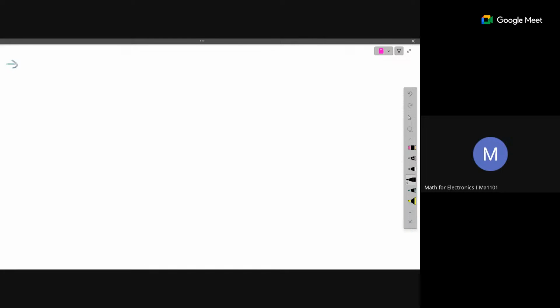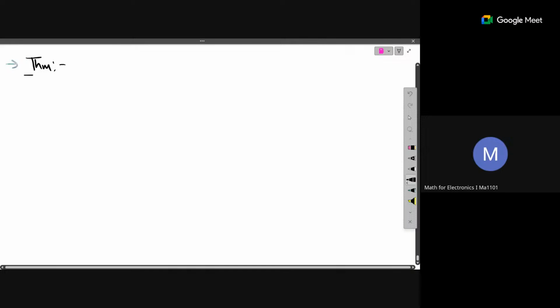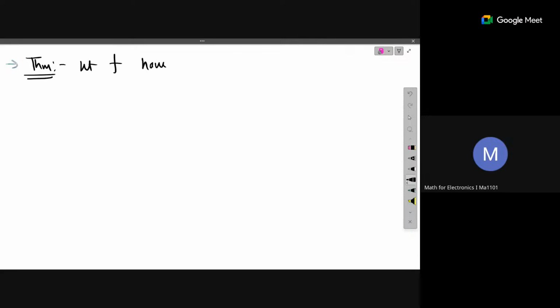So this is known as a theorem. This theorem says that let f have an inverse, f inverse, and let f of x naught be equal to y naught.